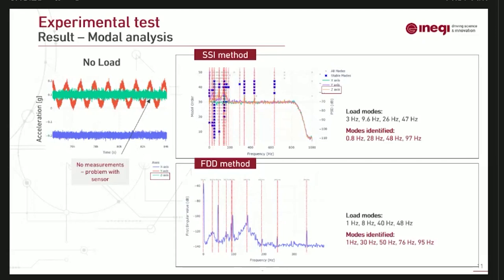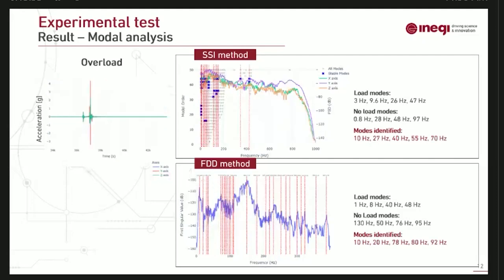Those refer to the frequency of the current, because we are just measuring the current. It's very interesting, but we have to be careful to identify these spikes and the spikes that we want. And then on the overload, we have a similar result. It's fun to see that in both methods we can actually see some similar modes showing similar frequencies.